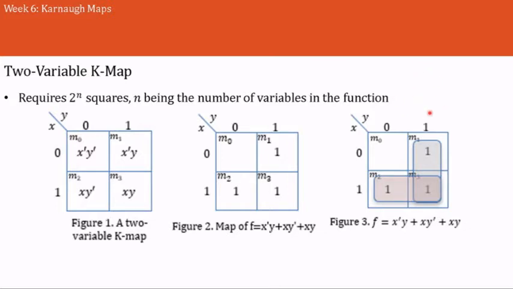So we are only allowed to have a group of 2 and a group of 4. In our example, we have here 2 adjacent squares. Let's look at M1 and M3. They are adjacent. And M2 and M3 are also adjacent.